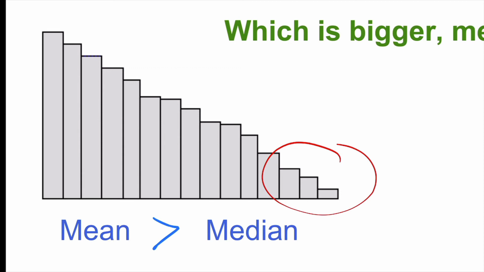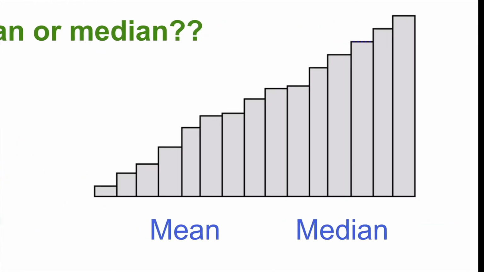Okay? So how about the opposite? This one is skew left, right? Skew left. Where are the extremes on the graph? Very far left. Same kind of idea, just they were over there last time, now they're on the other side. So where does the mean want to go? The mean wants to go to the extremes.